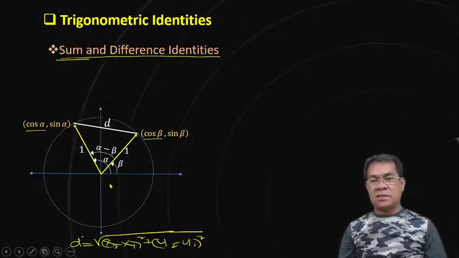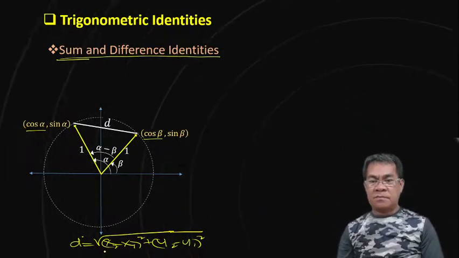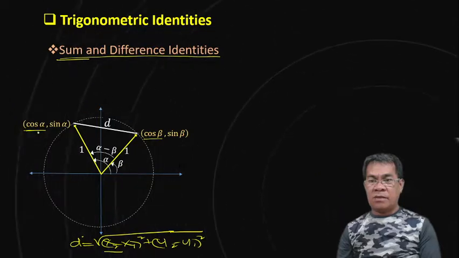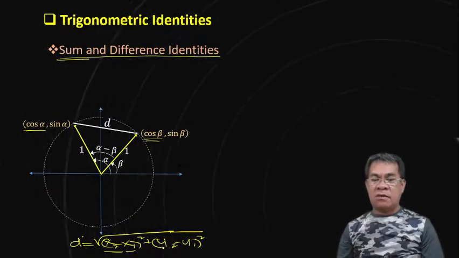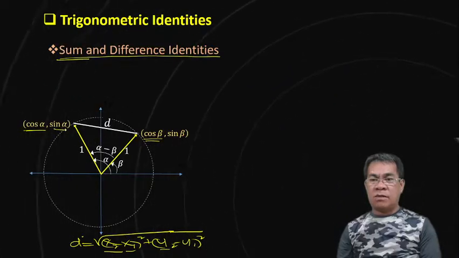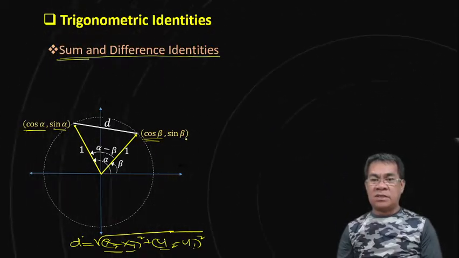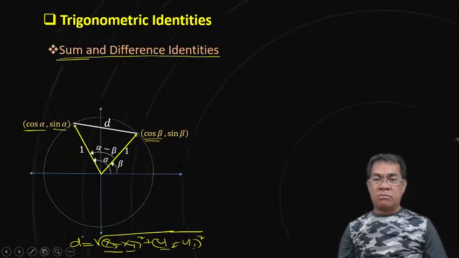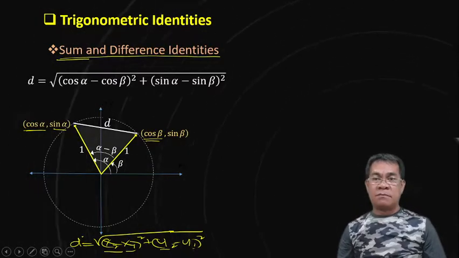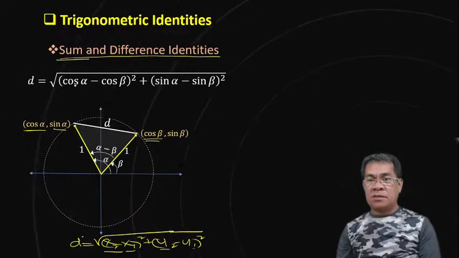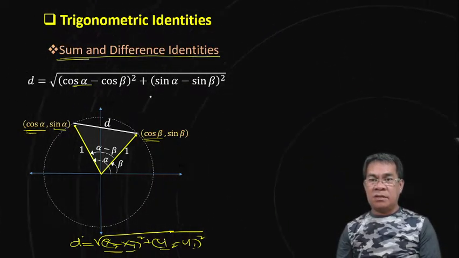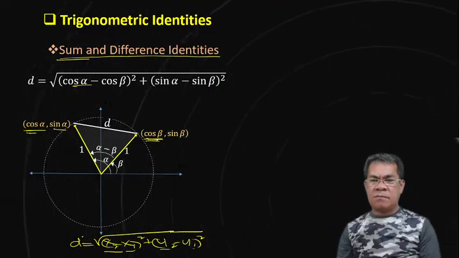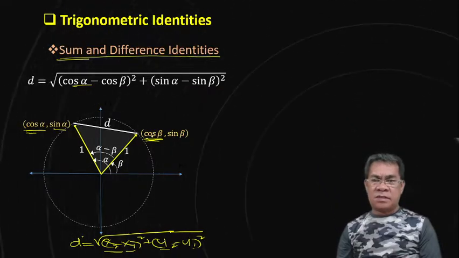So in this case, our x2 is cosine of alpha, our x1 is the cosine of beta, our y2 is the sine of alpha, and our y1 is the sine of beta. So the distance between 2 points now becomes the square root of cosine alpha, which is in this case our x2, minus the cosine of beta, which happens to be our x1.